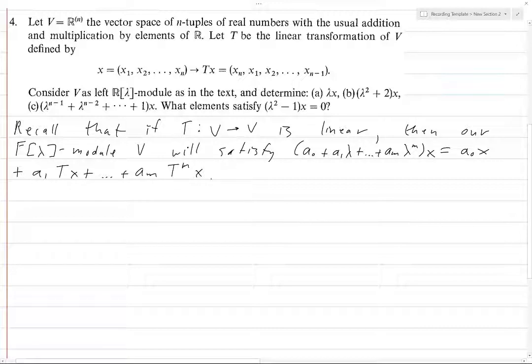So you basically replace lambda to the i with T to the i x. That's all that's happening here. And of course T to the 0 x is just x in this. So yeah, that's just a module, and we prove that's a module and everything.